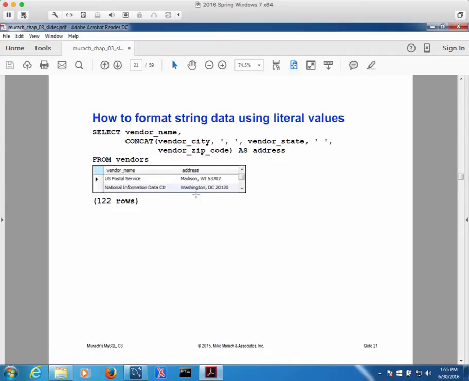Here we have added in these literal expressions, these characters inside of quotes, in this case single quotes or apostrophes. And so we're combining vendor city, comma, space, vendor state, space, vendor zip code as address.